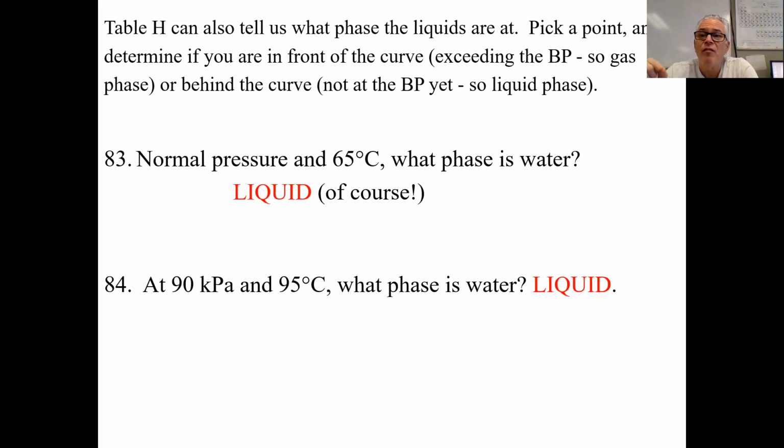If I was on the curve, that would be boiling and I'd have gas and liquid, but I'm actually just behind the curve there, and that makes it really hot water, but not quite to the boiling point. You have to be careful, especially when the curves are coming. The curves are kind of curvilicious, and you got to look at this graph with the straight lines. And some of the points like that one are close, but not quite touching.